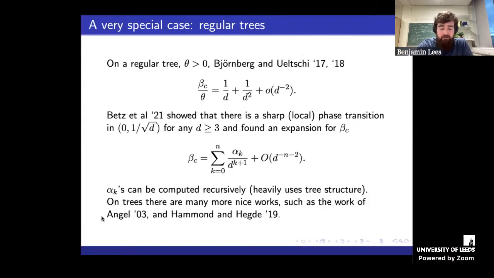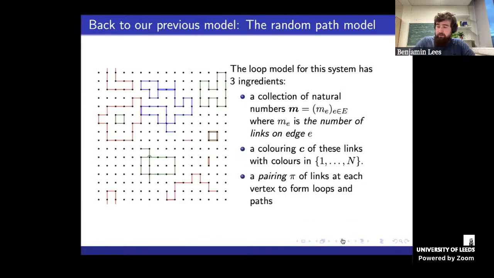In particular, this started essentially with a work of Angel in 2003, and there's other work, several papers by Hammond, so Hammond and Hegde, although I'm not 100% sure of the pronunciation of that name, in 2019 that is also very nice, and many more. But I'm doing reasonably for time, so I shouldn't have to skim too much, maybe not at all.